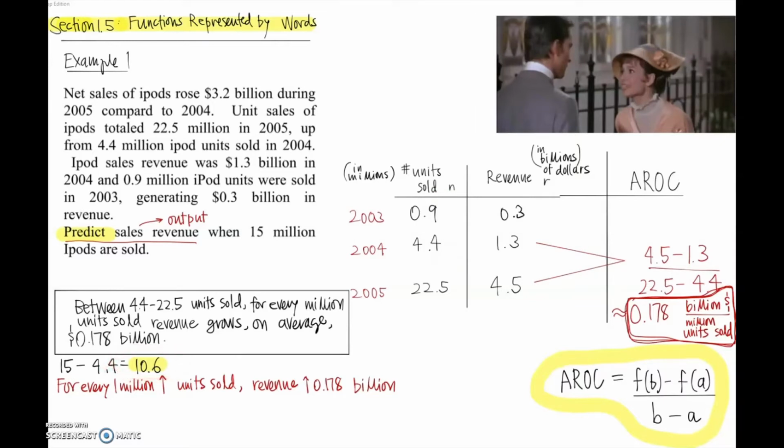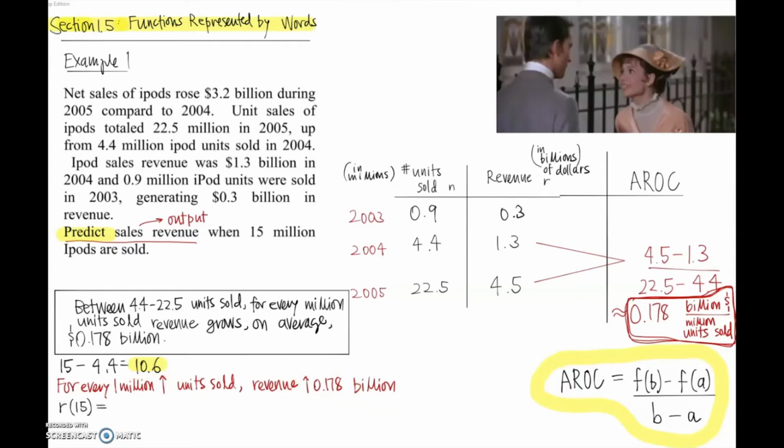We also know for every 1 million increase in units sold, revenue goes up this 0.178 billion. Well, we've gone up 10.6 million units sold, so we can expect that revenue will go up 10.6 times this number. We're not going just 1 million up, or 2 million, or 3 million, or 4 million, but we're going 10.6 million up. And so it's that many times this 0.178 billion.